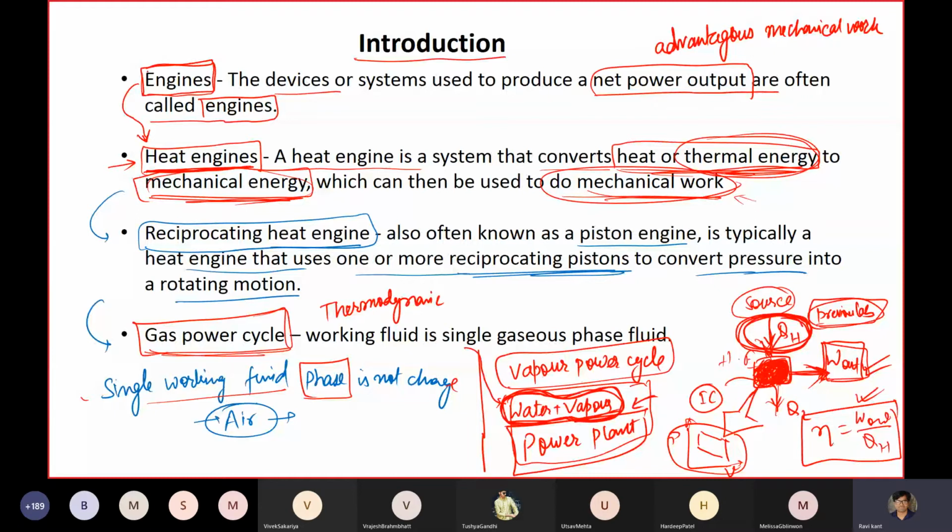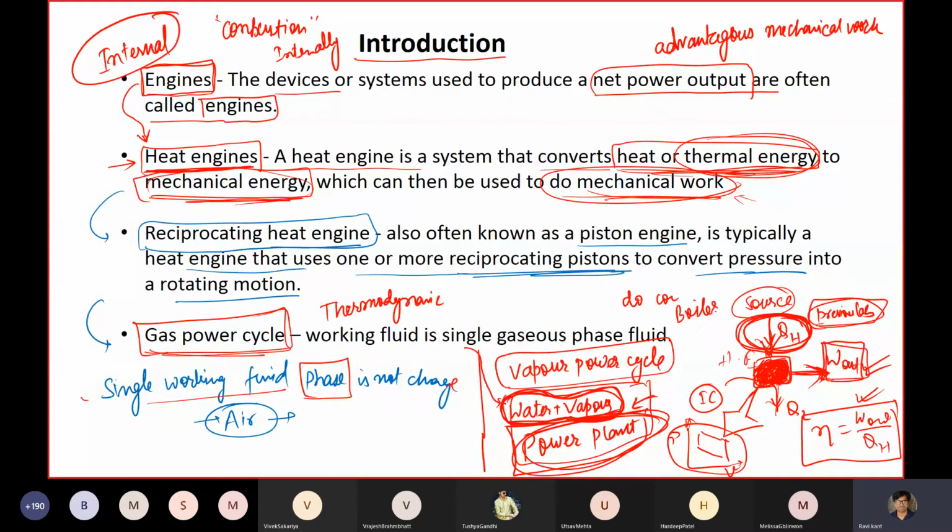One more thing is we also talk about the internal combustion engine. Internal means the combustion happens internally, as the name suggests. But in some cases, such as in power plants, you do the combustion somewhere outside, in a boiler or some other arrangement.